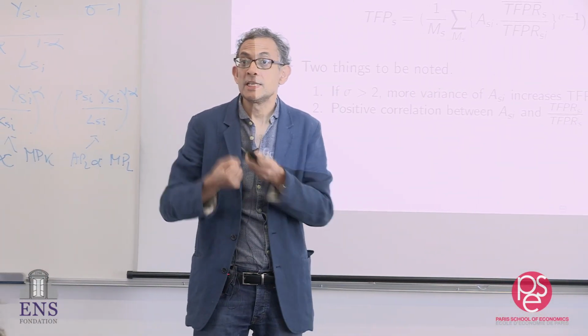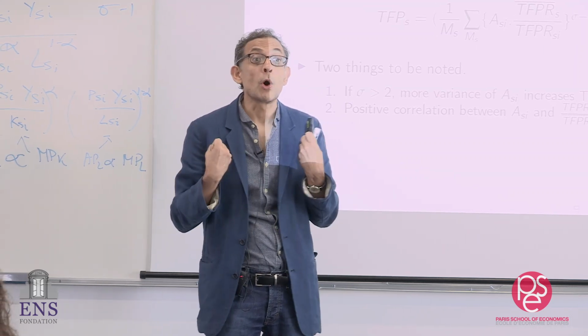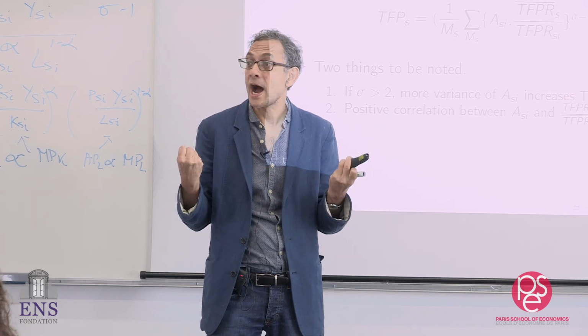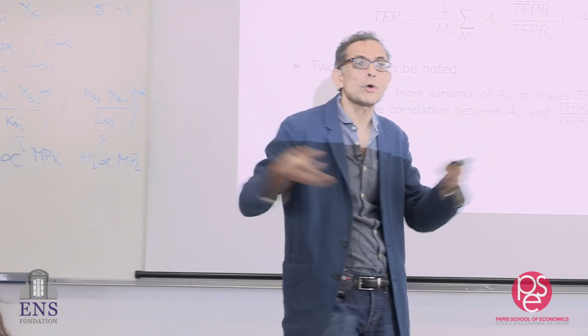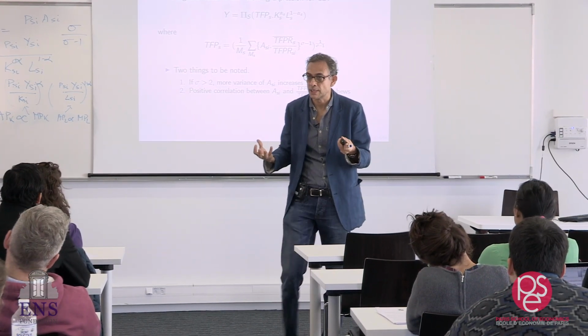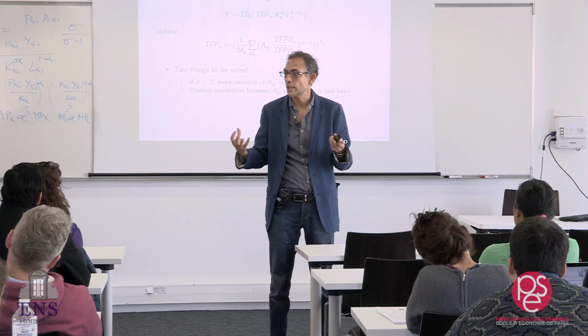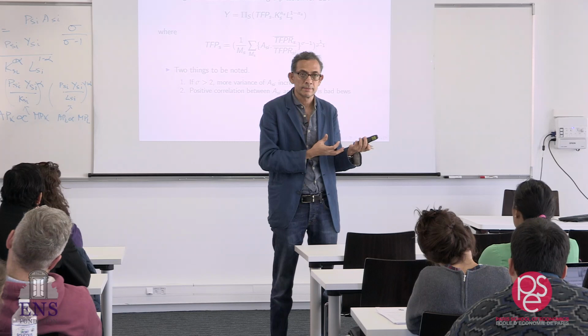Why? Because high TFPR means you're too small. Your marginal products are high. So conditional on having a certain amount of inefficiency, how do you want to allocate the inefficiency? You want to allocate the inefficiency so that the firms that are the biggest are the most productive ones.